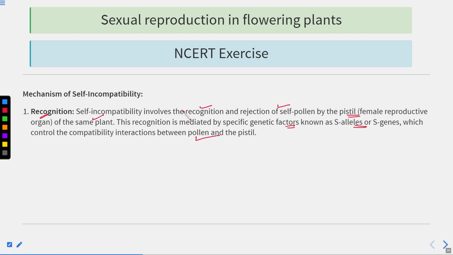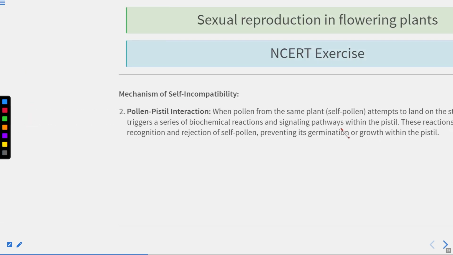Clear? So the self-pollen is not recognized by the stigma. This prevents self-fertilization and promotes cross-pollination. So there are some S genes or S alleles which are present.